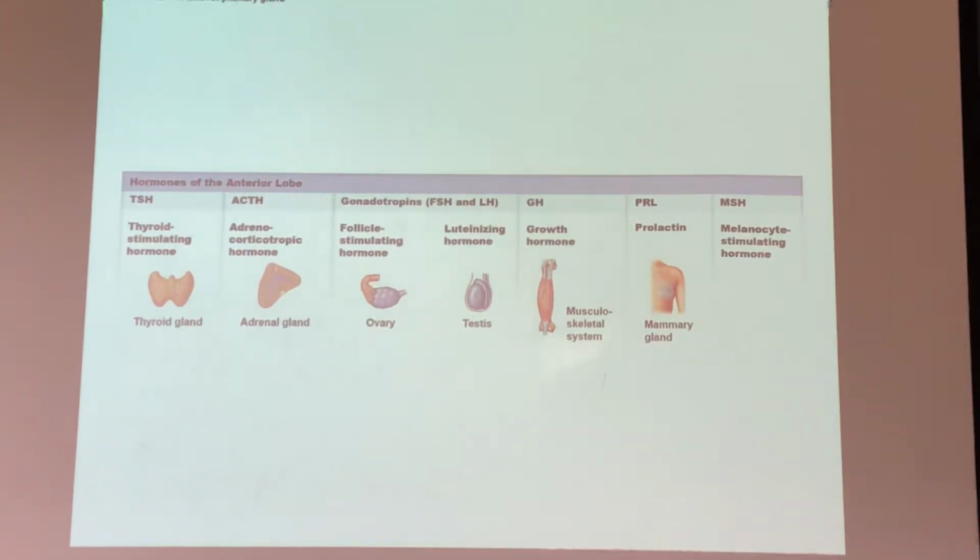This also goes for the lactation. Growth hormone goes for the musculoskeletal system. Prolactin helps in mammary gland development, and MSH or melanocyte stimulating hormone is actually acting on the skin melanocytes.